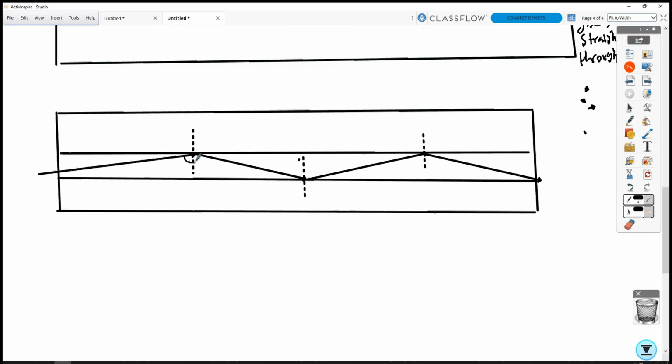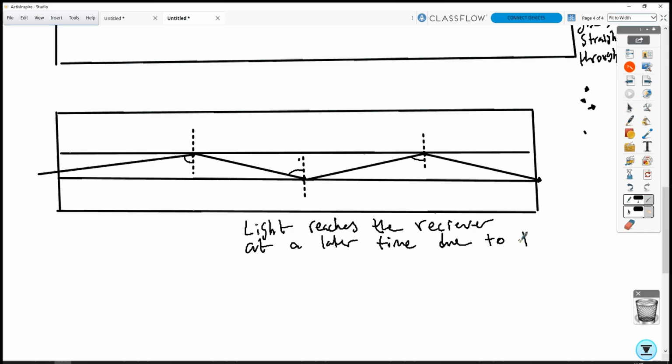So here we'll just sketch the angles. So on this one, light reaches the receiver at a later time due to total internal reflection. And this causes pulse broadening.